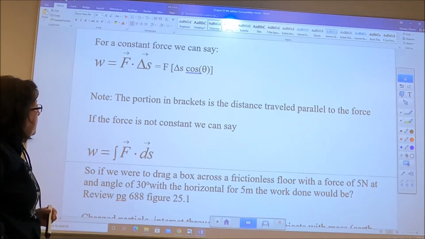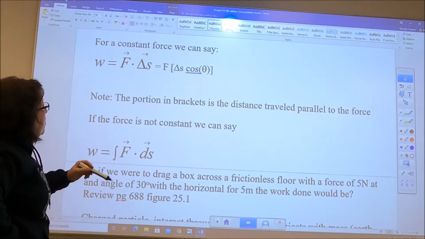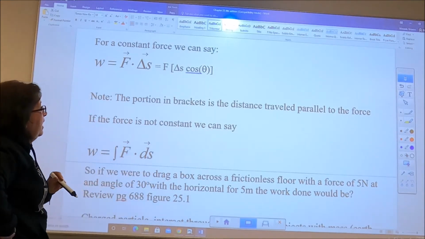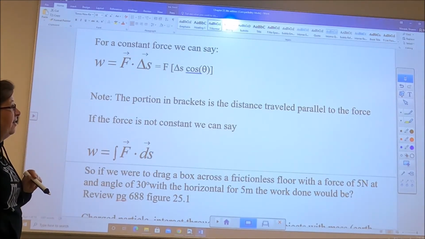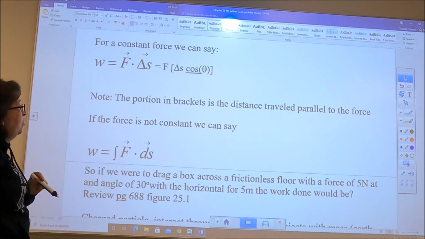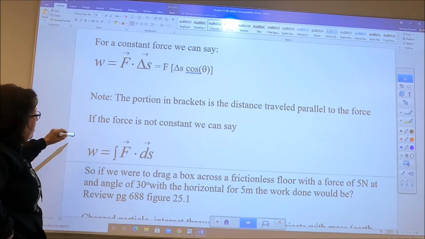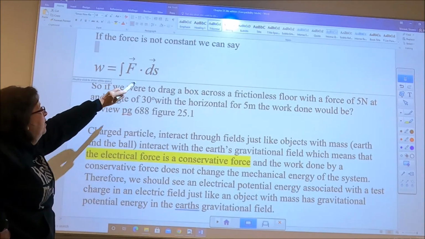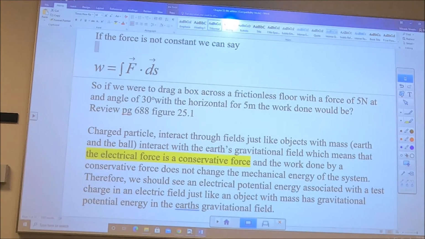Remember, this distance is the portion of the distance traveled parallel to the force being applied. And if we're not dealing with a constant force, then of course work is equal to the integral of F dot ds.